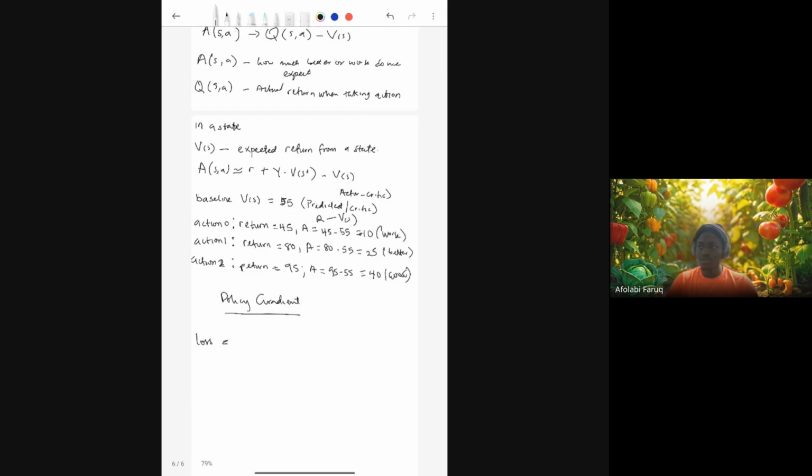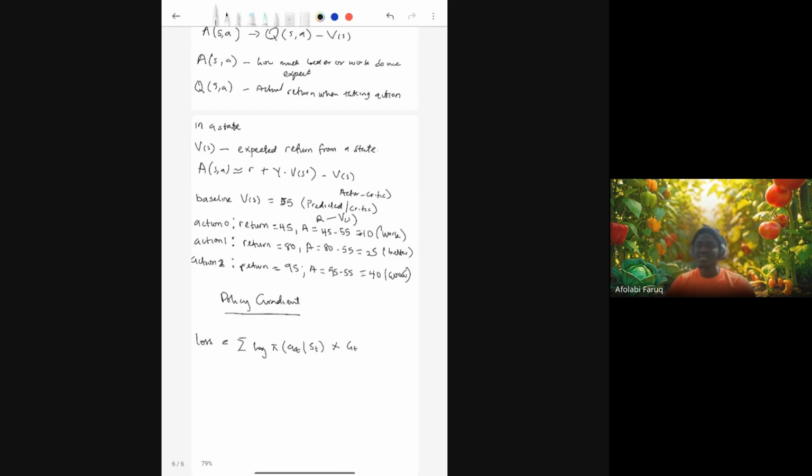to be equal to summation, log of the policy of A of t given S of t, times G of t, right?